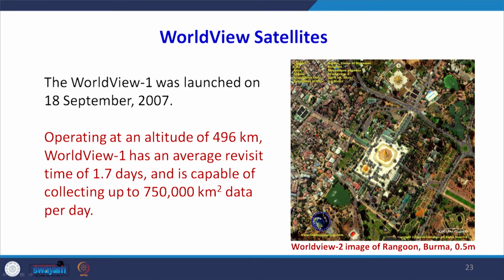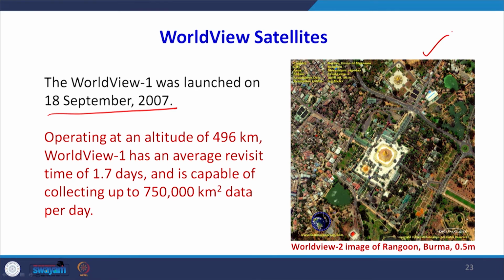WorldView, viewing the whole world from the top, is taken from their name. WorldView 1 was launched on 18 September 2007, and the altitude was lower, 496 kilometer from the equator. It was capable of collecting about 750,000 square kilometers of data per day. So, huge data.